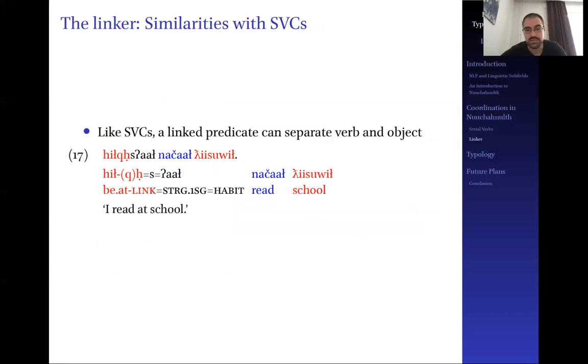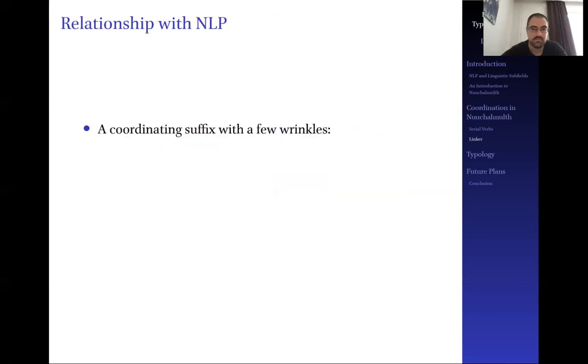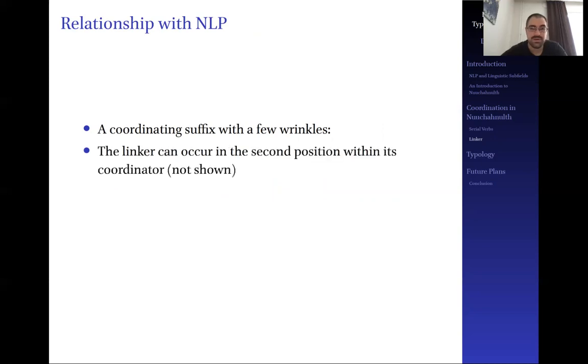Much like the SVCs, a linked predicate can separate verb and object. So here you have an example: I read at school, being at read school, the same sort of object separation. So when I come to implement this, it's a coordinating suffix with a few wrinkles. Those wrinkles are: the linker can occur in the second position with its coordinator.